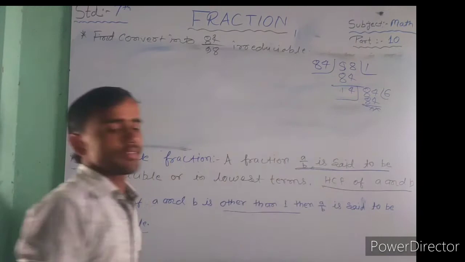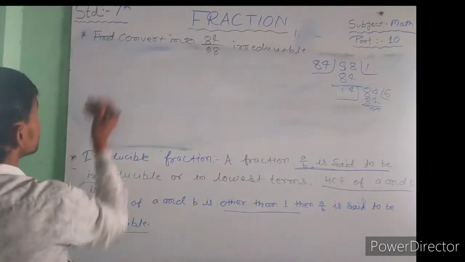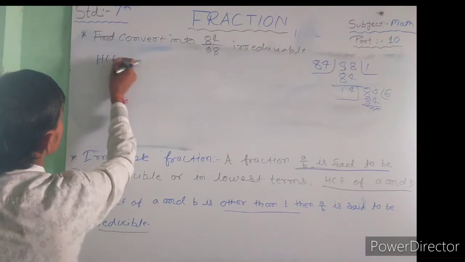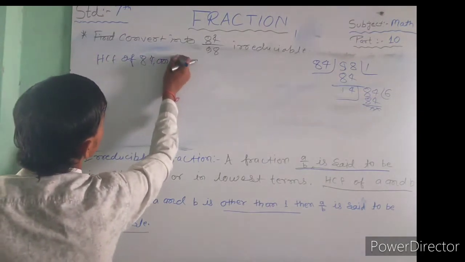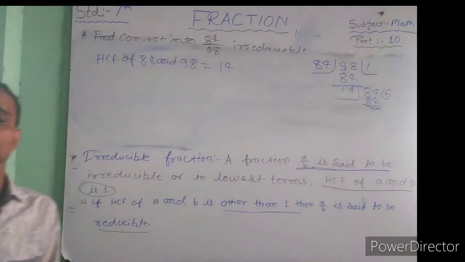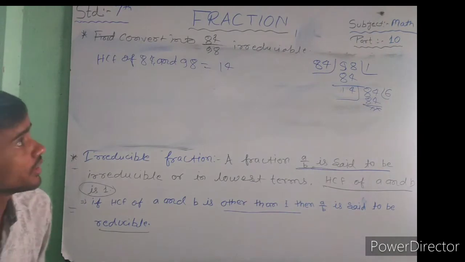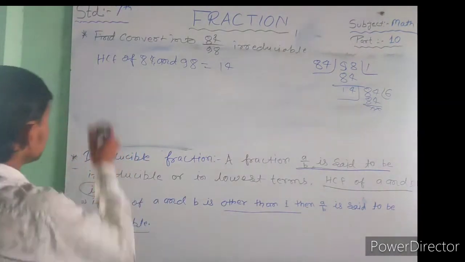It means that HCF is 14. You write here: HCF of 84 and 98 is equal to 14. Okay?